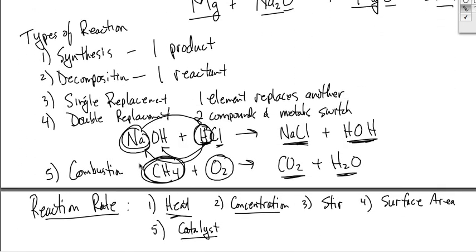We talked about types of reactions and then speeding up the reaction rate. Okay, so that is chapter 7, and hopefully this helps you a little bit with your study guide, and we'll do some more examples hopefully in class to go over these and assist you a little bit. Okay, so chapter 7, make sure you know all about the reactions to get ready for the test.